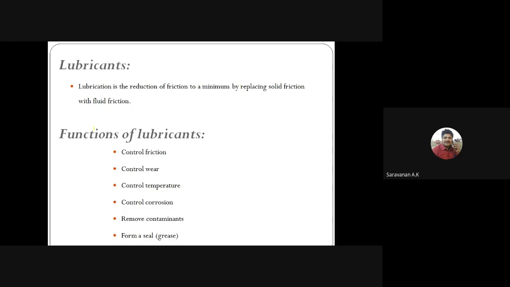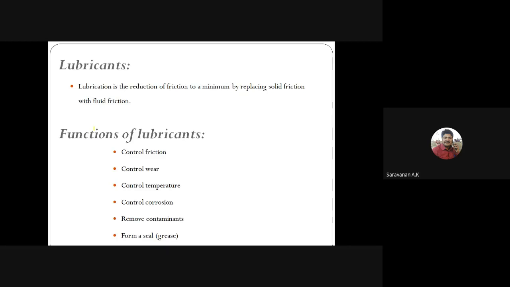It will separate the two surfaces, and the solid friction is replaced by fluid friction. That is called the lubricant.